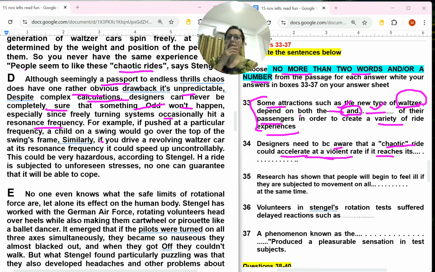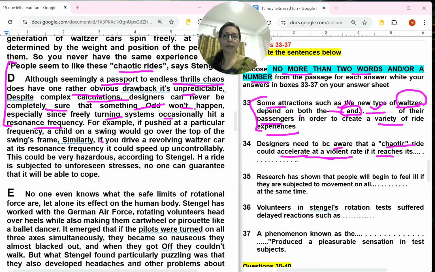So from here they are talking about this same sentence. They are talking about speed only. See this, endless thrills, this thing, and could accelerate.